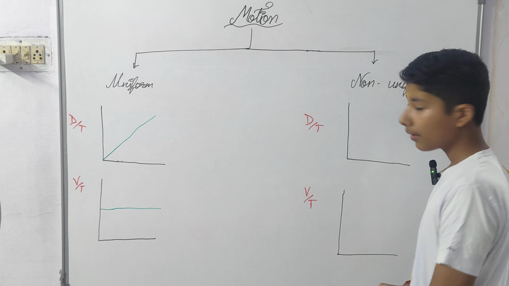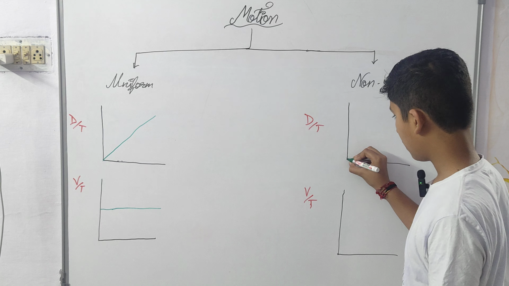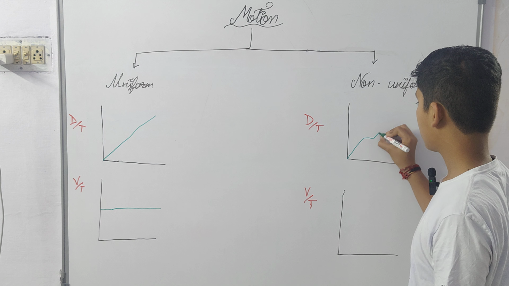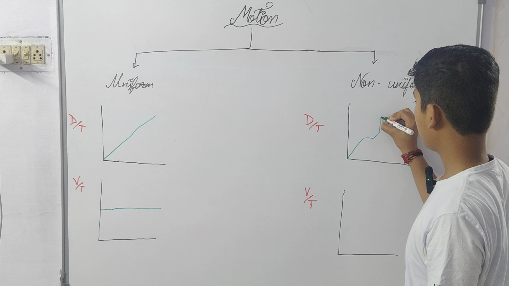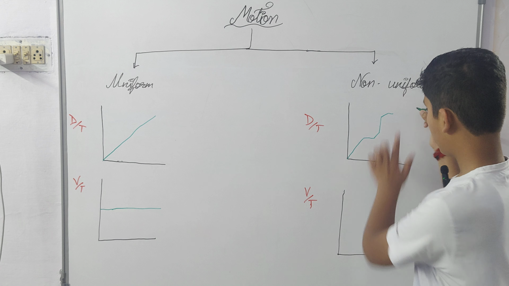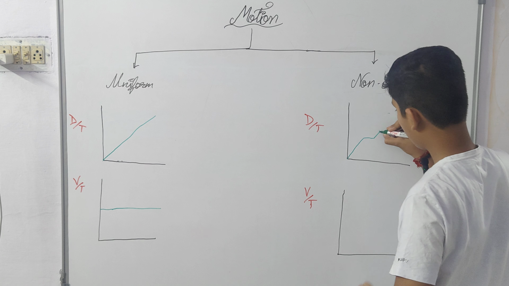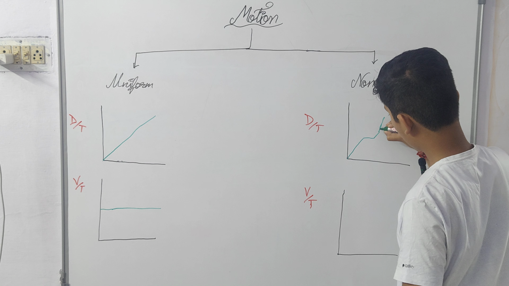Now if we see non-uniform motion, it will be like this one. Wait, it won't go down, it can never go down.